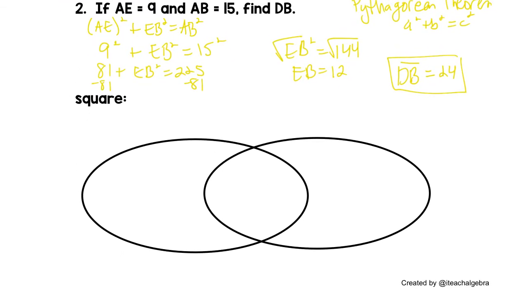So let's talk about what a square is. A square is a rhombus with 4 right angles.